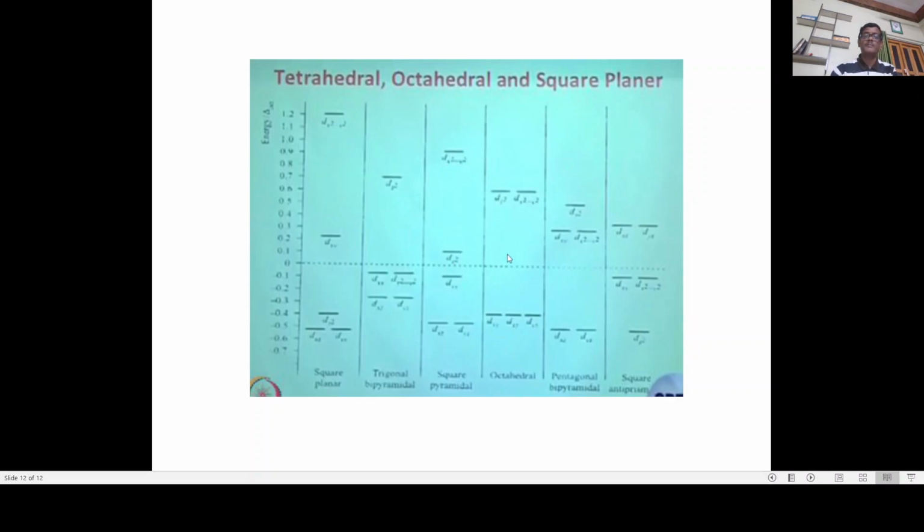When you have an octahedral complex, this is the splitting. When you have a pentagonal bipyramid, this is the splitting. When you have a square antiprism. So different structures have different splittings. This is the application of the octahedral field after crystal field theory, and how this is done can be explained with this.